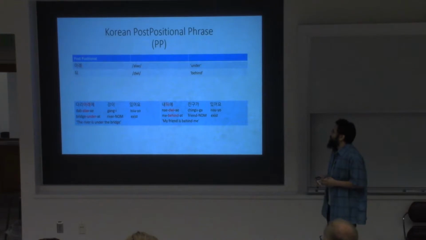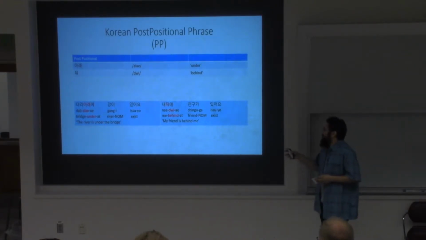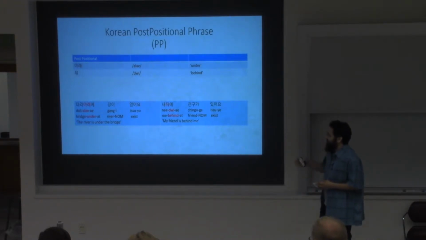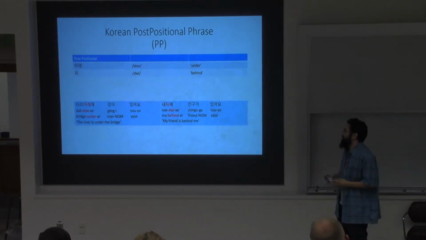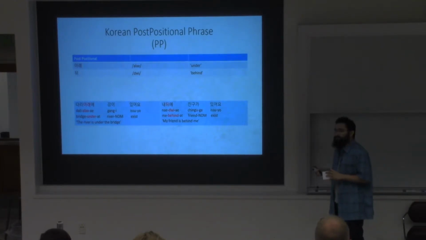These two postpositional phrases, alai and dwi, or under and behind, you can see them here in these sentences marked in red. Dali alai ai, with dali being bridge and alai being under. And then you have nai dwi ai, with dwi being behind and ai being at. There's something else interesting going on with these sentences.